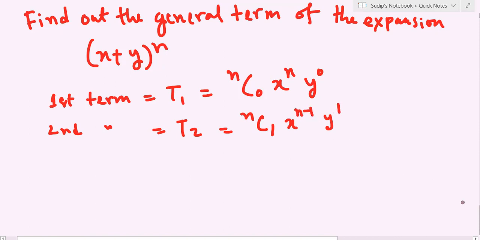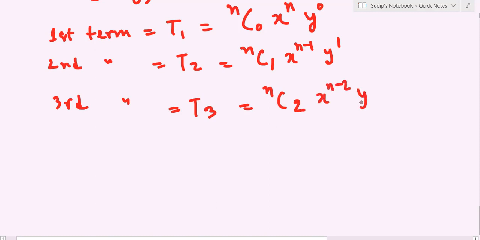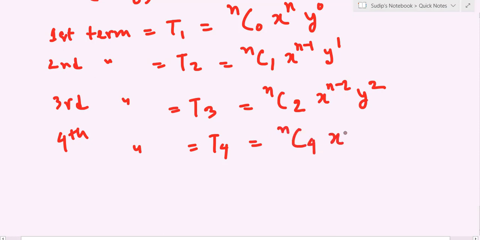And the third term is T3 equal to nC2 x to the power n minus 2 y squared. The fourth term is T4 equal to nC3 x to the power n minus 3 y to the power 3.